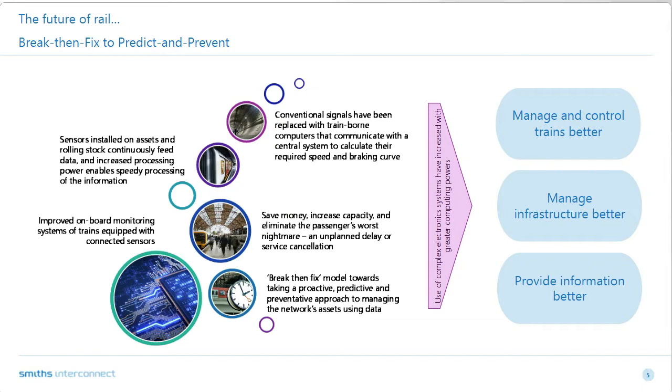But if you really think about this, this concept is not limited to trains or the rail industry. The deployment of sensors, trying to extract data out of them to make more informed decisions, and then implementing those decisions to make a difference to the ultimate customer, is not limited to the rail industry.